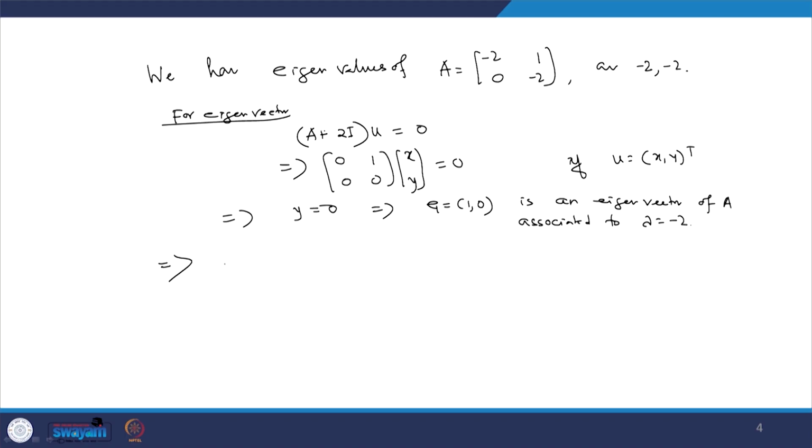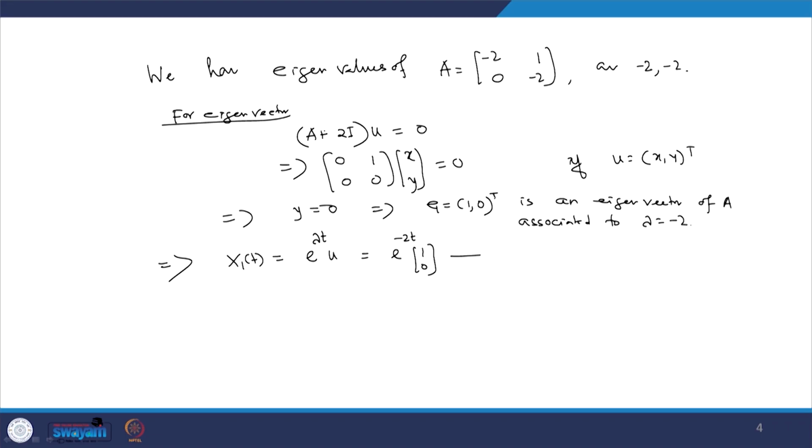So, this implies I can consider one solution x1(t) equal to e to the power lambda t into u, which is equal to e to the power minus 2t into (1, 0). So, this is one solution. At t equal to 0 I am getting simply (1, 0), which is a non-zero vector.